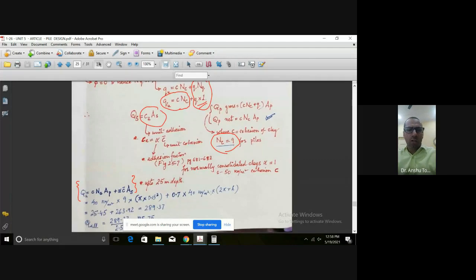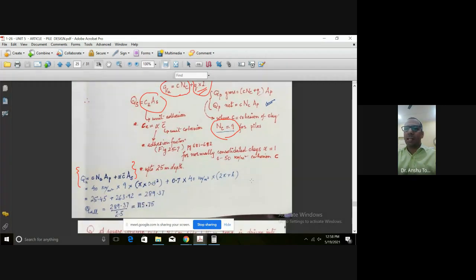Similar to how we use Q bar is equal to sigma V bar as overburden stress. So this is the surface area of the pile. Always remember this is the area of the pile and this is the surface area of the pile. Don't be confused.